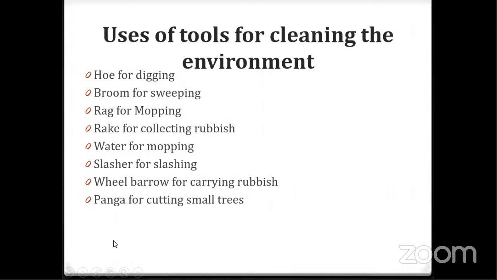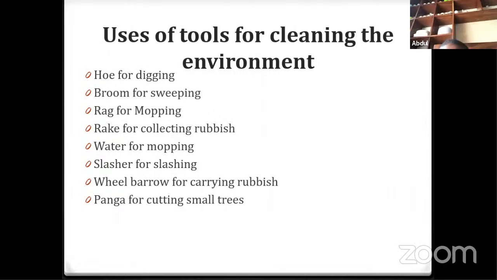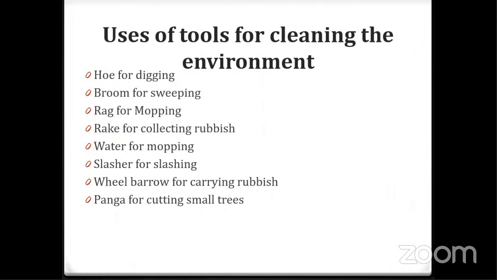So those are the different tools. These are the different uses of the tools that we use to keep our environment clean. Can I have one person read first all those uses, starting with the hoe? Abdul, yes, read first these uses of these tools, all of them.